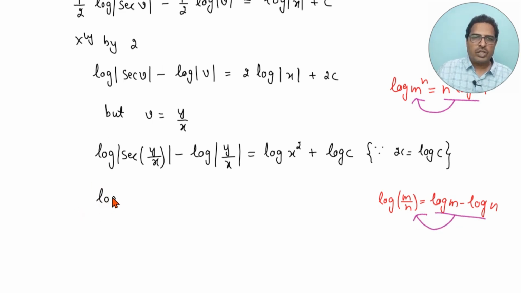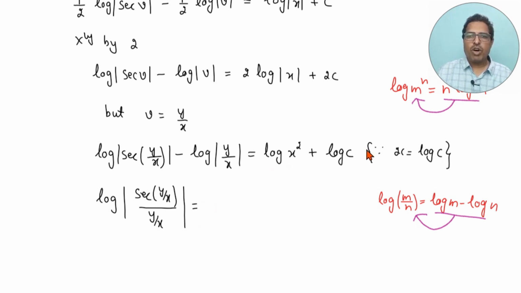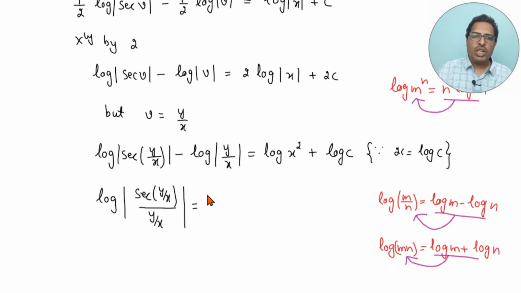So therefore you can write it as log of mod secant of y by x divided by y by x, that will be nothing but, we have another formula log m into n, which is nothing but log m plus log n. So this given expression is in the form of log m plus log n, which can be written as log m into n. So therefore you can write as log x square into c or c into x square.